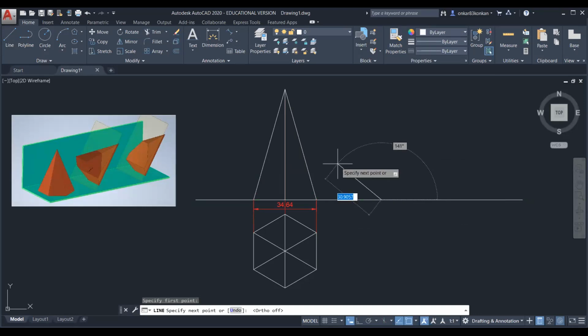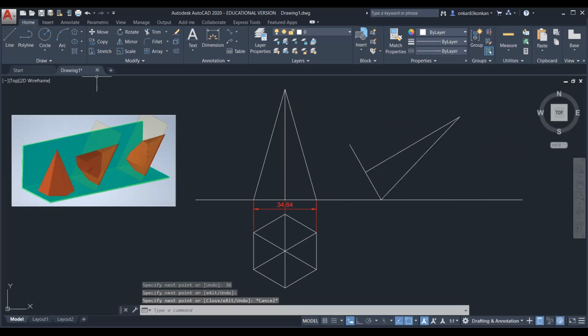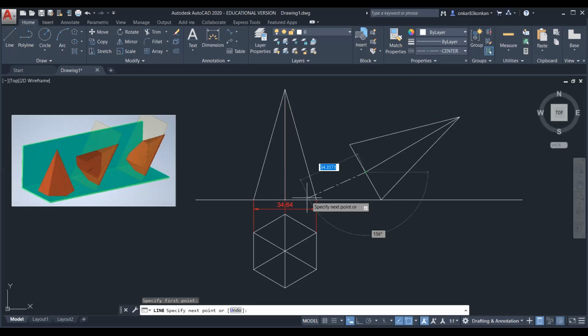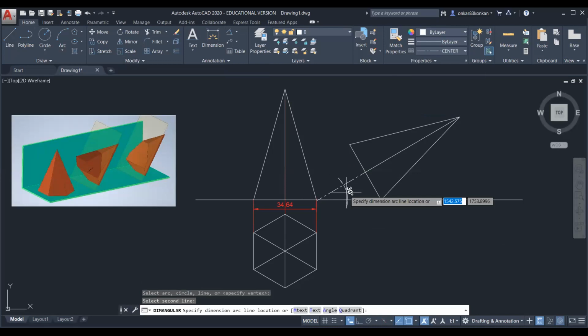This baseline will be inclined at 60 degrees. Okay, so this is the front view when we rotate the pyramid so that the axis is inclined at 30 degrees. So this is the inclination of 30 degrees for the axis.